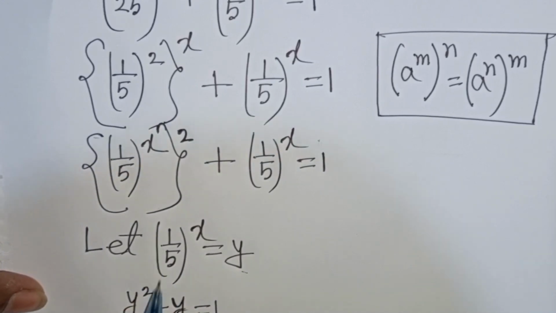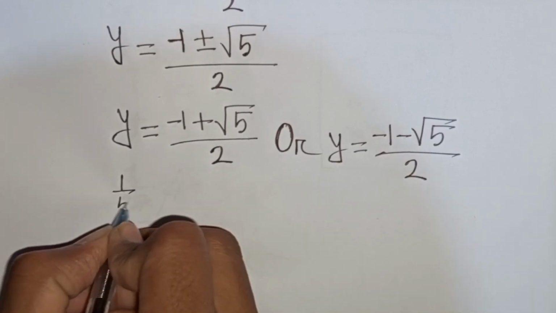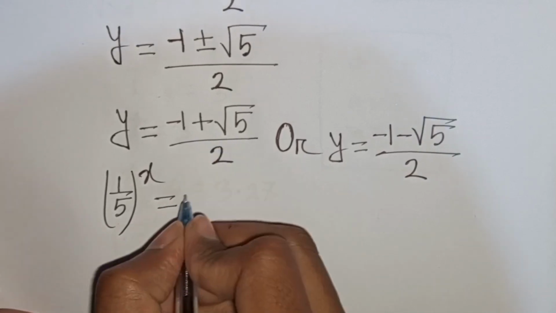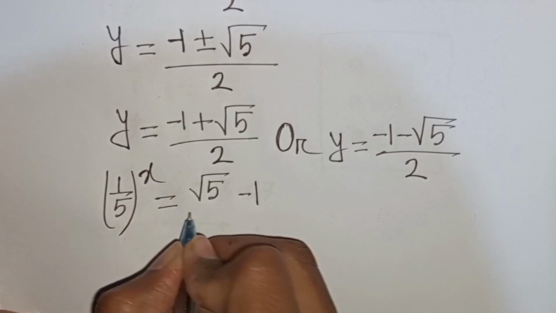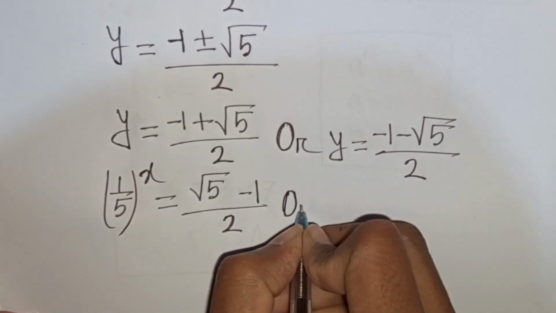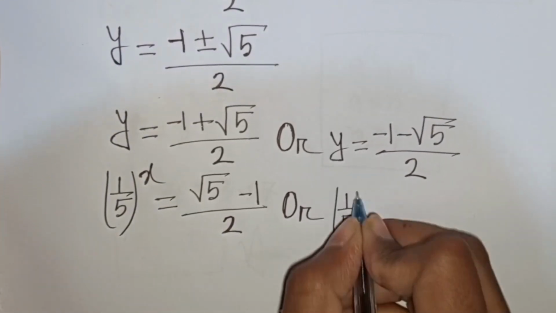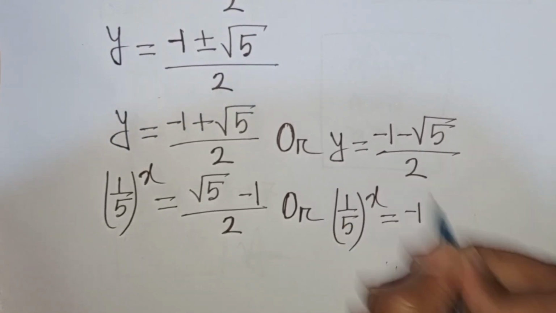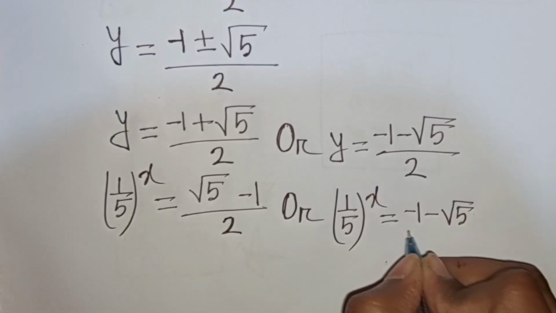So y, that means 1 by 5 bracket power x, is equal to square root of 5 minus 1 divided by 2, or 1 by 5 bracket power x is equal to minus 1 minus square root of 5 divided by 2.